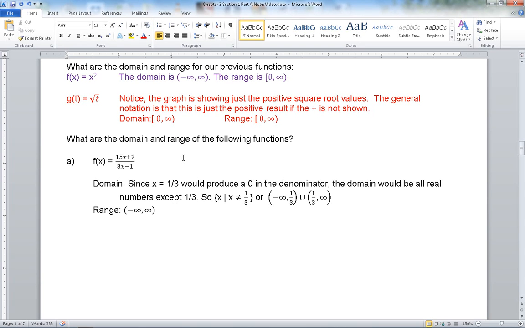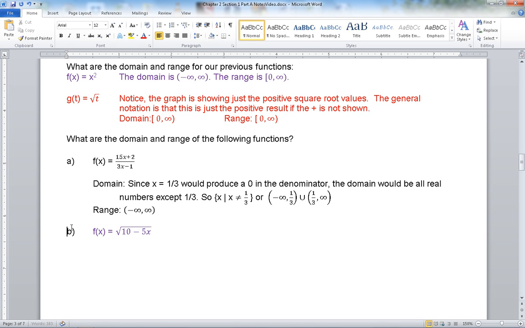Subtract 2 from both sides, divide by 15, so negative 2/15 would work. If I plug in negative 2/15 times 15, I get negative 2, and negative 2 plus 2 is the 0 in the numerator. The denominator is not 0 since x isn't 1/3, so I've got 0 over a number, which is 0. So really, all real numbers are possible from this function.